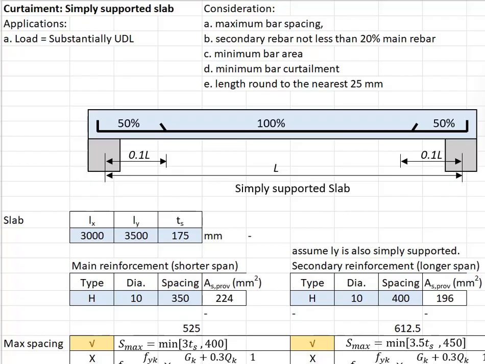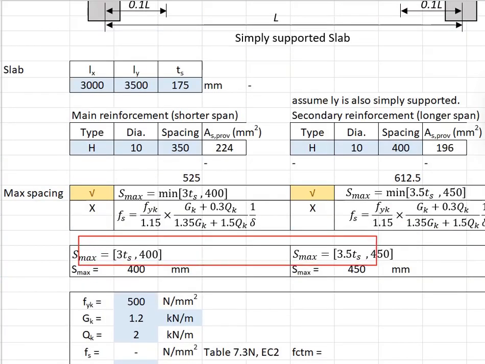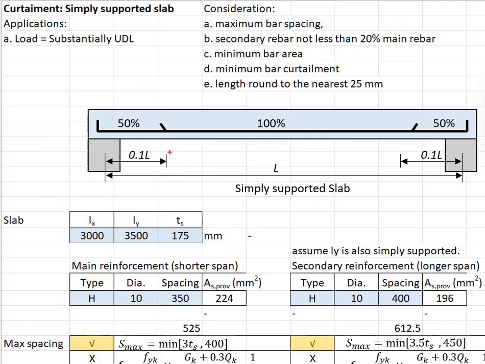However, in this case, your slab is already lightly reinforced, barely past the minimum As, as well as the maximum spacing. It is unrealistic for you to reduce the reinforcement bar further.